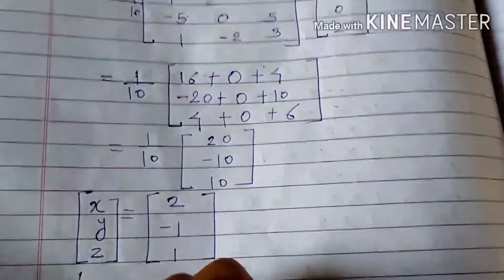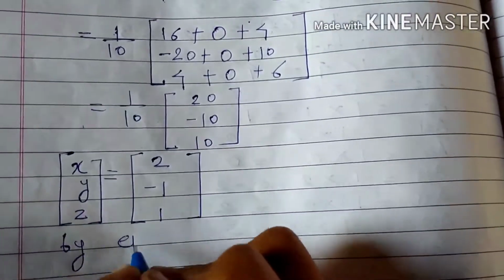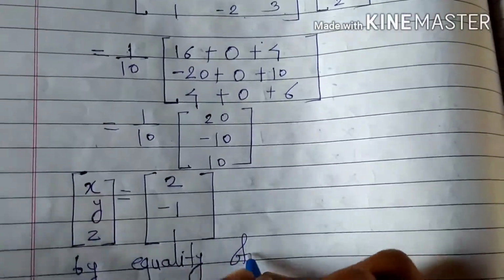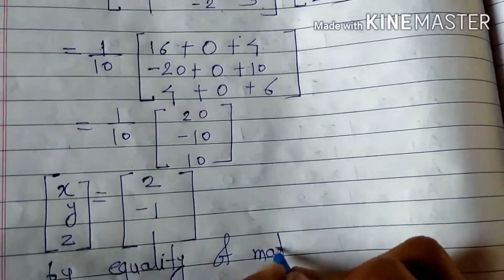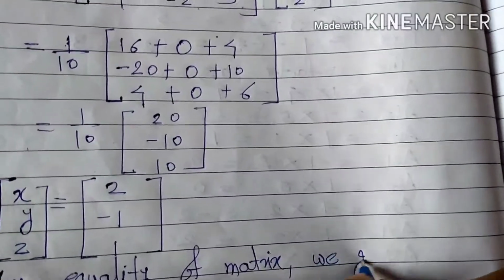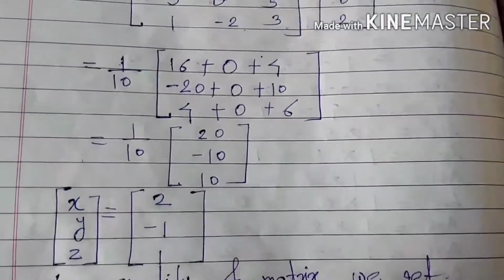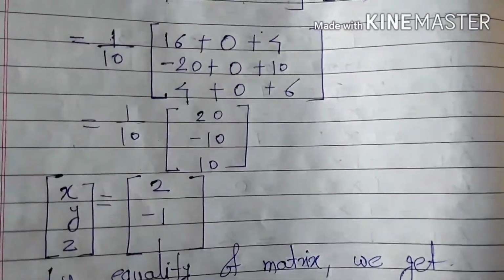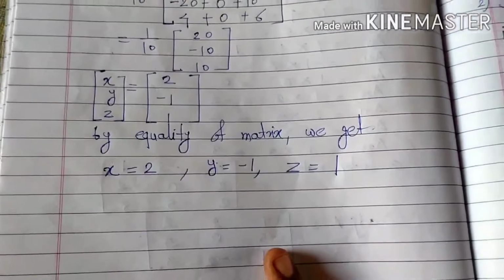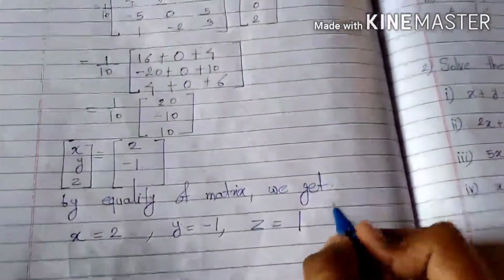So by equality of matrix we get x is equal to 2, y is equal to minus 1, and z is equal to 1. So this is your answer.